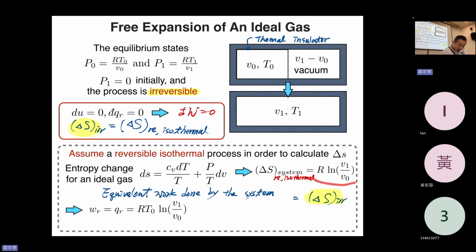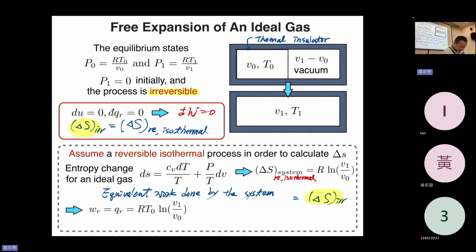So R natural log of V1 over V0, delta S times the temperature T0, you can know that the reversible work is actually equal to RT0 natural log V1 over V0.